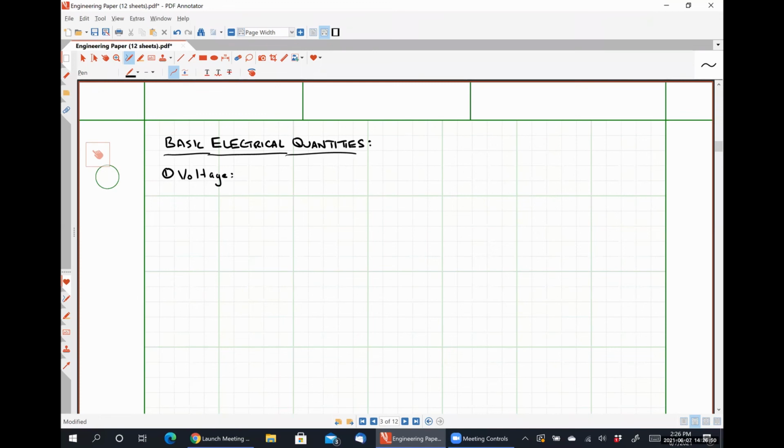Mathematically, voltage is defined as the line integral of an electric field vector dotted into a differential line element. So mathematically, voltage looks something like this. While most of you are probably pretty familiar with line integrals because you've taken Calculus 2, you may be significantly less familiar with the concept of electric and magnetic fields, and that's perfectly okay.